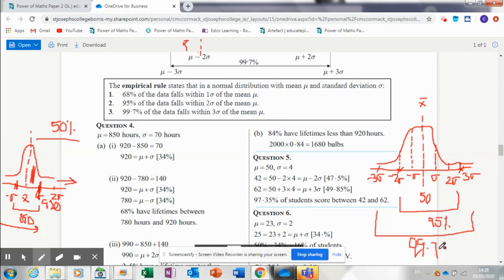But remember that 4.7 is divided between here and here. So I have to divide the difference, which is 4.7 by 2. And 4.7 divided by 2 is 2.35. So I have to add 2.35 to 95 because it's 95 plus this bit.